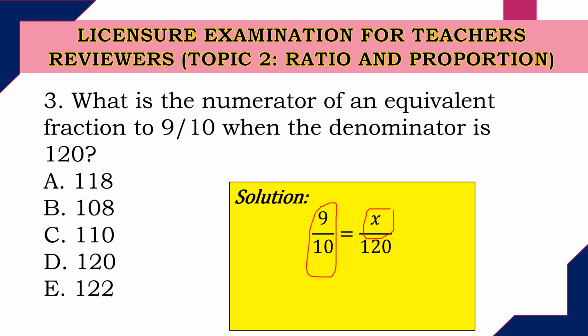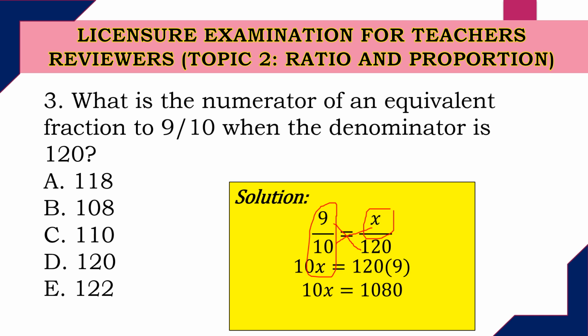Next, we will do cross multiplication. 9 times 120 equals 10 times x. Or, pwedeng magpalit. 10 times x equals 9 times 120. And that is 10x equals 1,080.